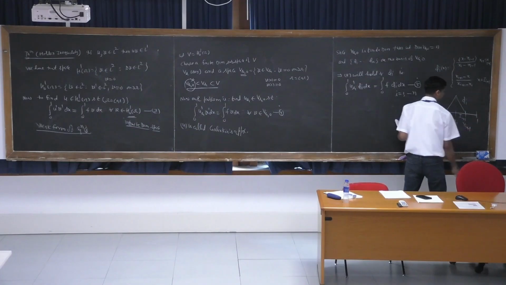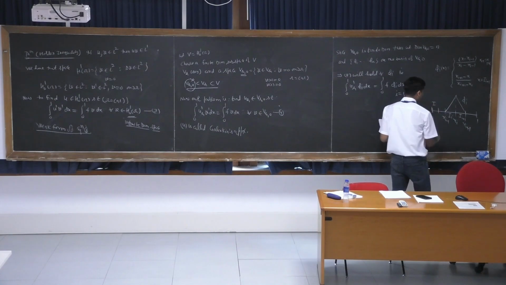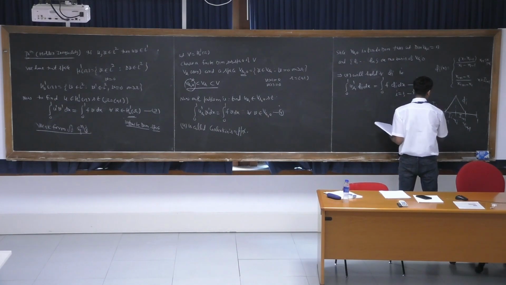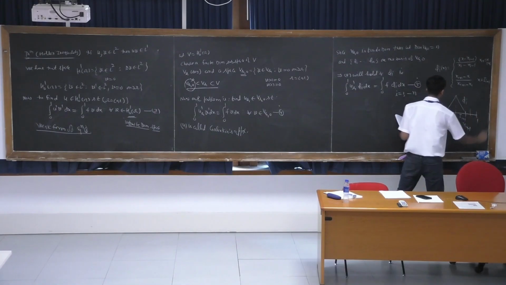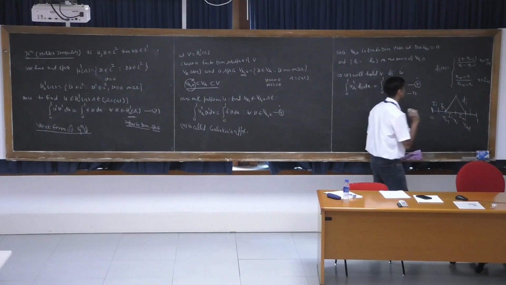Suppose this is our domain 0 to 1, divided into finite subintervals: this is I1, this is I2, and so on, this is I, capital I plus 1, and so on.